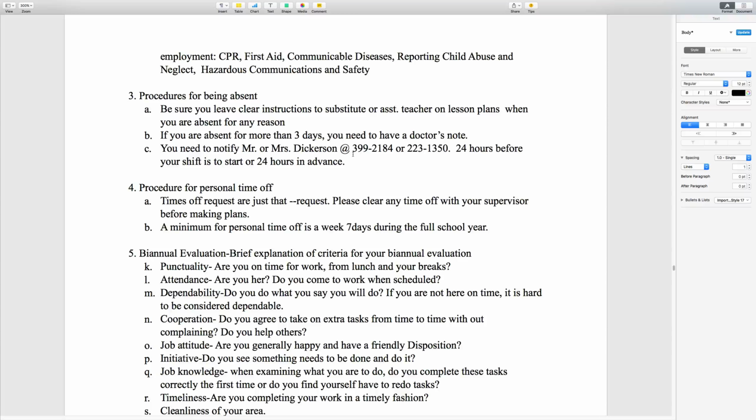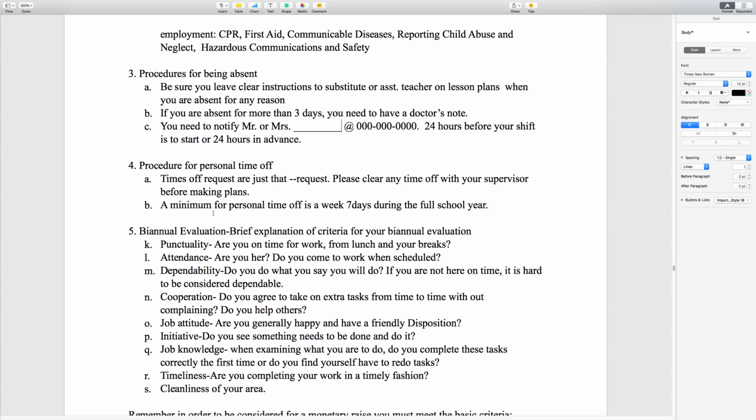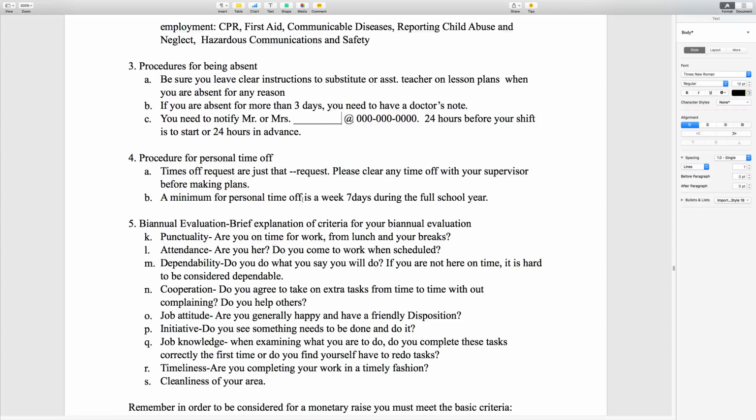Procedures for being absent. Let me take out my personal phone number, you guys, but you can put in your personal phone numbers there so that they can know who to contact. Please notify, and then you can put in who your notification person will be if a staff member is out. Requesting personal time off, how the process is taken.